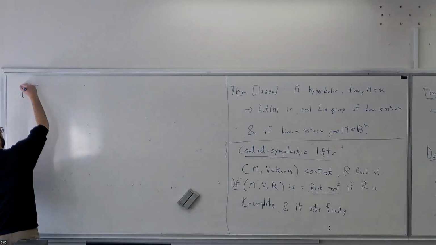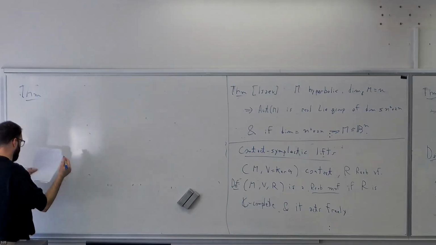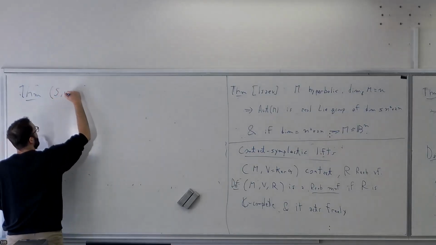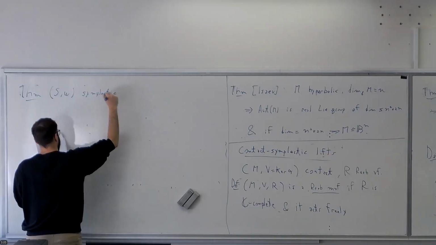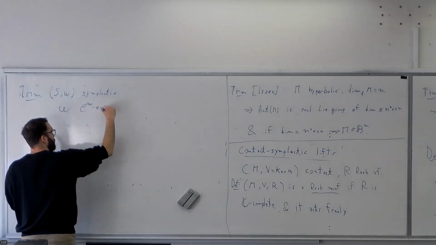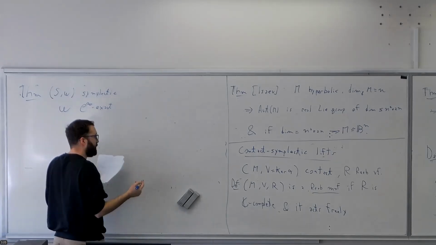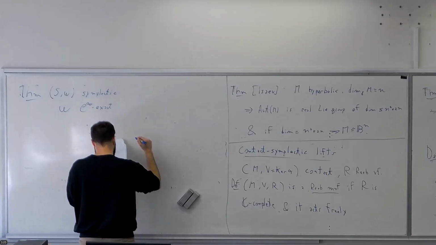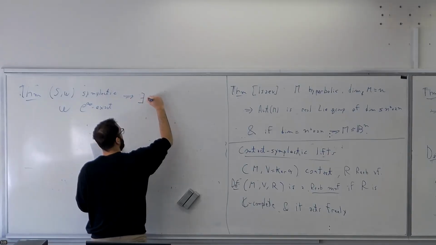So yeah, to answer that question better, can you do this with any domain pretty much? If you take a symplectic form omega which is smoothly exact, so it is a holomorphic form but you ask that it has a maybe not holomorphic primitive, then there exists a contact symplectic lift.